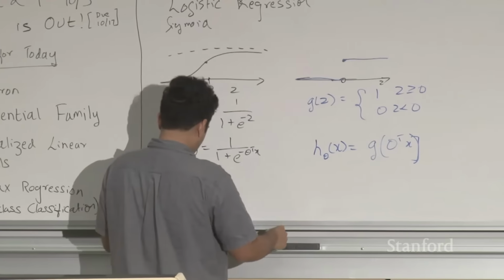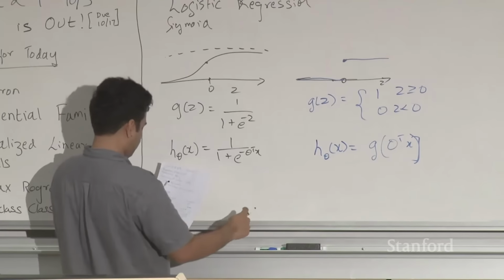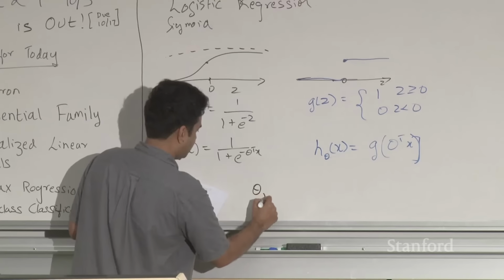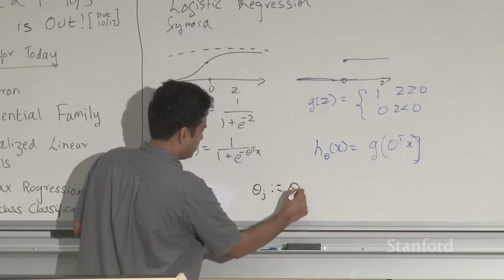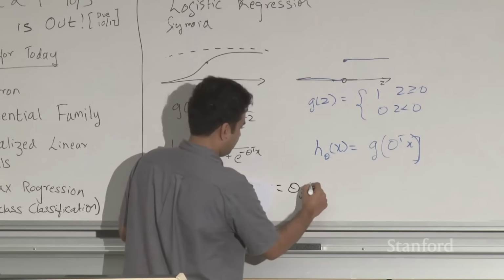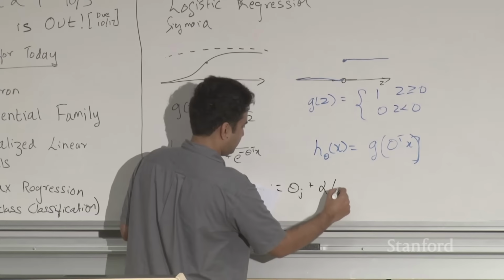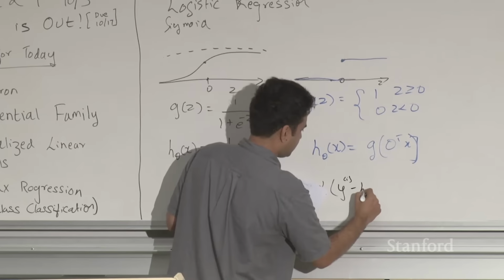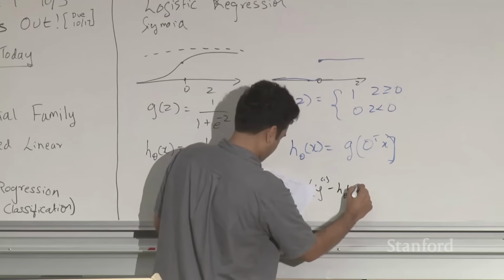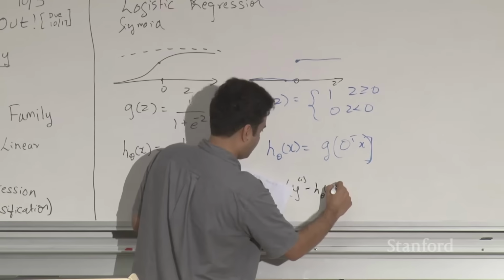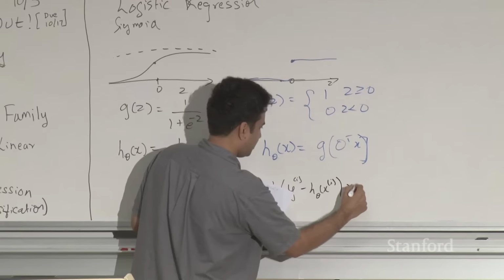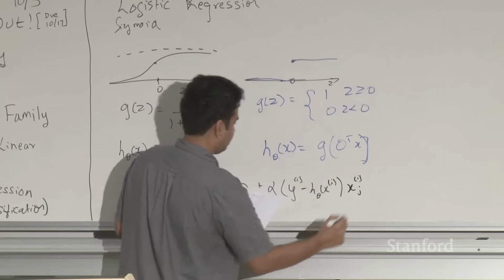Both of them have a common update rule, which on the surface looks similar. theta j equals theta j plus alpha times (yi minus h theta of xi) times xij.